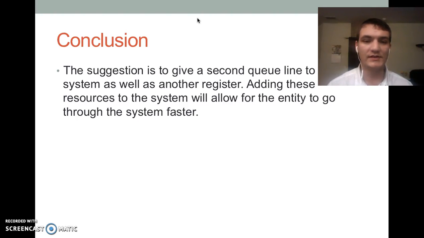Again, the conclusion is the suggestion to give a second queue line to the system as well as another register. Adding these resources will allow the entity to go through the system faster as well as produce more output. One of the other suggestions that I had originally made was to combine the drink and food station, but it actually made the system go a lot slower. Some of the other kiosks at the Epcot Food and Wine Festival do that layout.